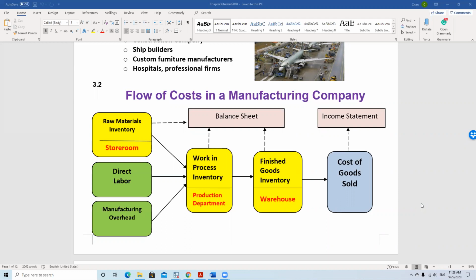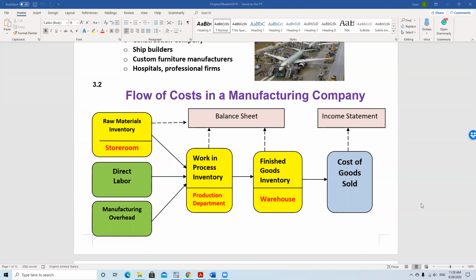And then for manufacturing companies, you actually produce things. You have to change your inventory from one stage to another. So it starts from raw material, and then you will have to put in labor and also have manufacturing overhead.